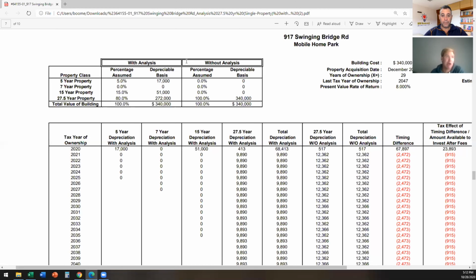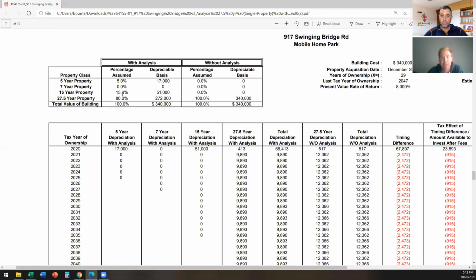However, even on this property here, we've got your building cost at about $340,000. That's going to be your purchase price, excluding the land. And then by being able to accelerate this into the 5-year and the 15-year, again, this goes back to when Trump released the Tax Cuts and Jobs Act in 2017.